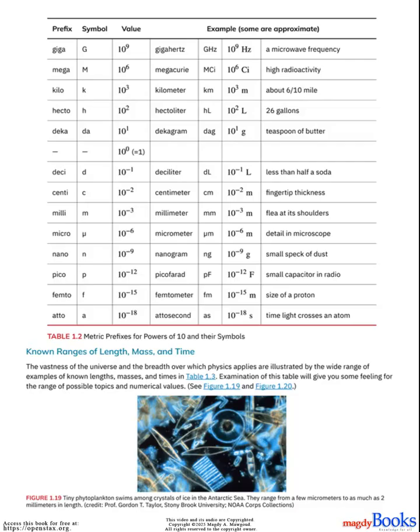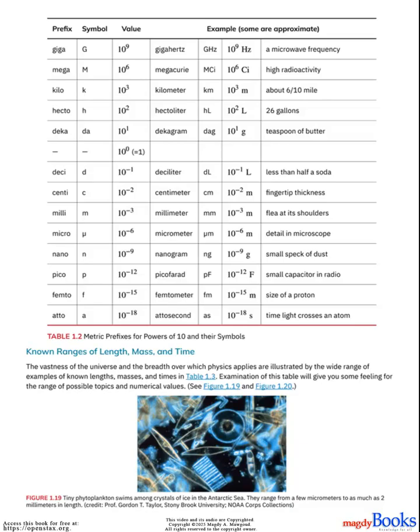Prefix: hecto. Symbol: h. Value: 10 to the power of 2. Example: hectoliter, hL, 10 to the power of 2 liter. 26 gallons. Prefix: deca.